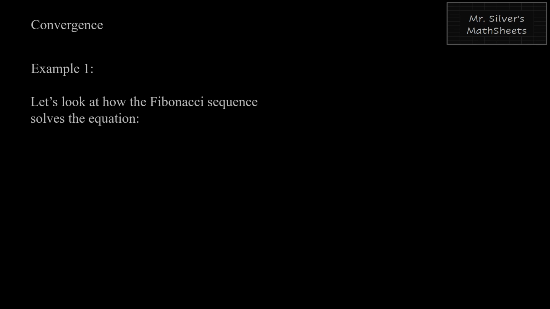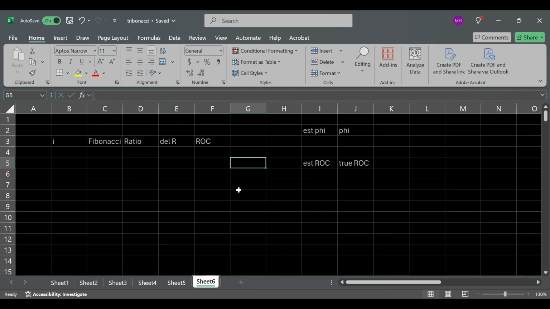Now, we'll do a little calculation here. We always do a calculation. We always go to the spreadsheet. And we're going to use Fibonacci's method to see if we can solve the equation beta squared equals beta plus 1.